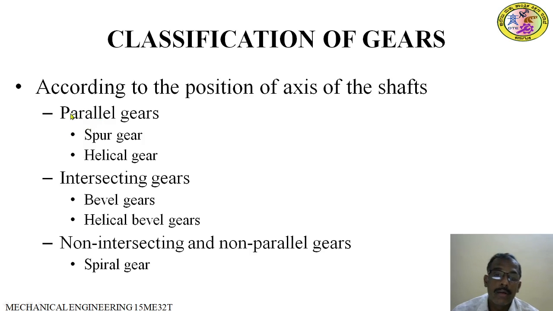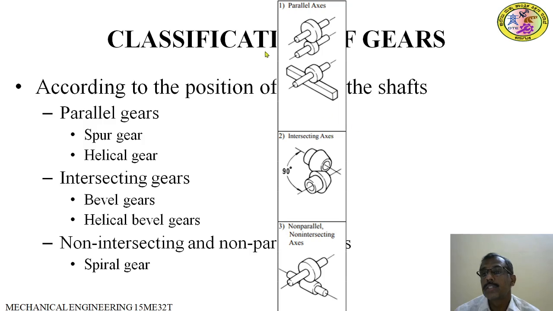Now let's understand what is meant by parallel, intersecting, and non-intersecting and non-parallel. You see here in this figure, parallel axis means these two shafts, one carrying the driver and another carrying the driven.